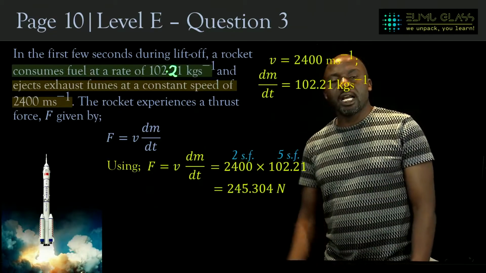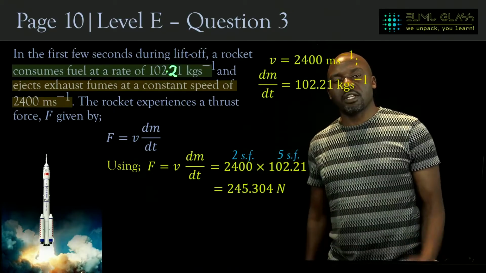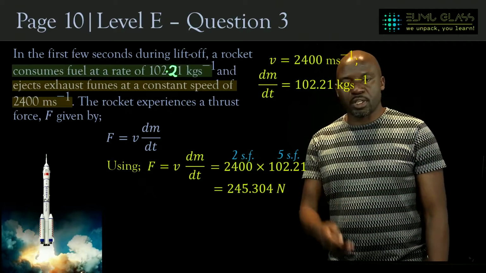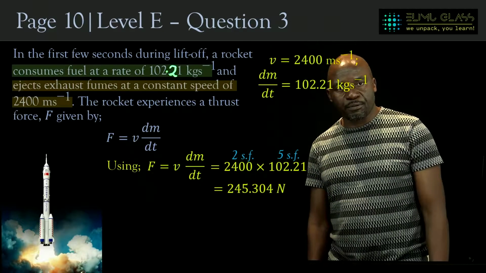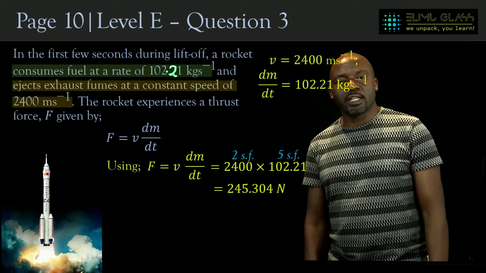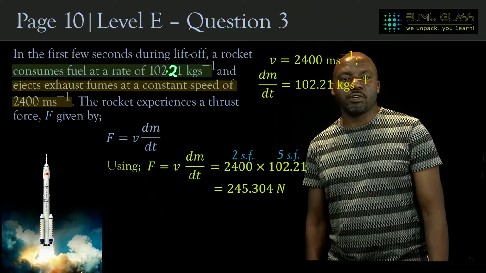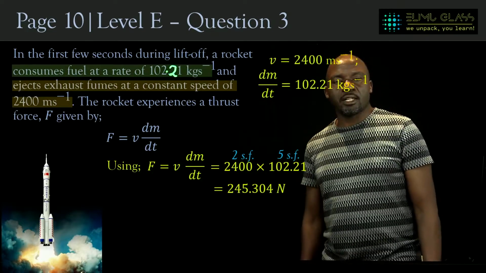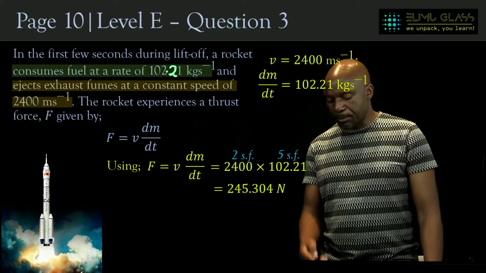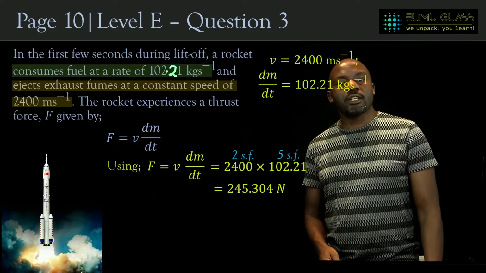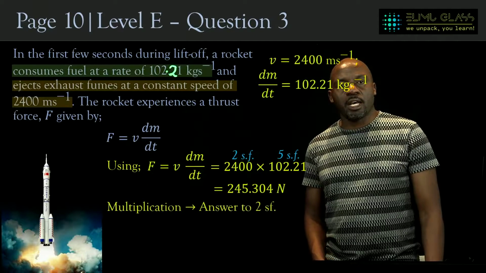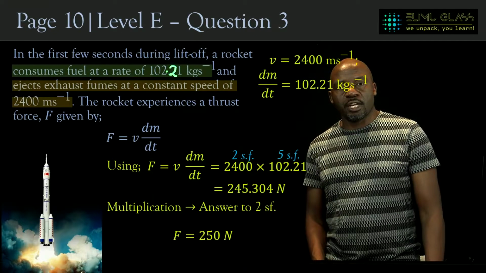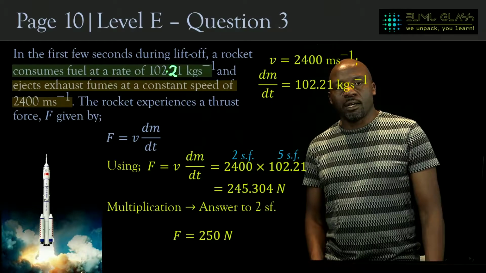Because we are multiplying, our answer has to be to two significant figures, the same as the smaller value. Right now our answer has more significant figures, so we have to reduce it so that it is two significant figures. Pause the video and think about how to write that number to two significant figures. If you've done so, then you should see that the answer is actually 250 newtons.